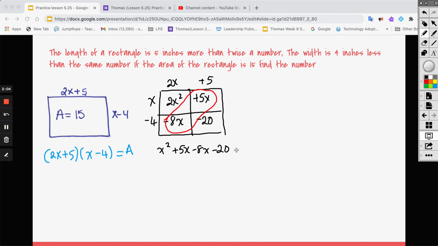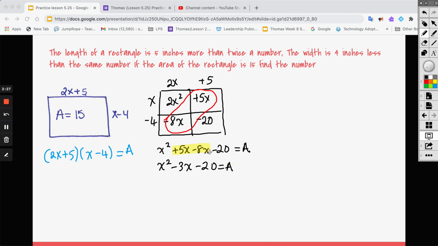And that is going to represent the area of the rectangle. We are going to combine like terms. So 5x minus 8x, that's going to give us a negative 3x. So we have 2x squared minus 3x minus 20 is equal to the area of the rectangle.